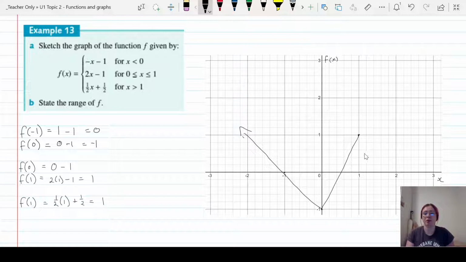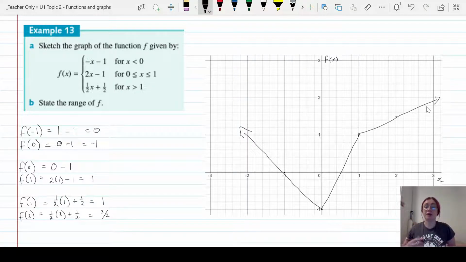And we just want to pick a point of x that is bigger, so let's pick 2, nice and easy. So a half times 2 plus a half is going to equal 1.5, or 3 over 2. So when x is 2, y is going to be 1.5, which is about there. So then that part of our line is going to go up like that, off into the beyond.